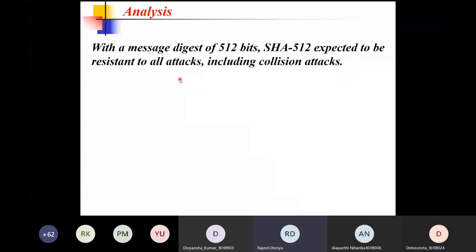This scheme, where the compression function is used again and again, is referred to as an iterated hash function. One of the famous iterated hash functions is based upon the Merkle-Damgard scheme.